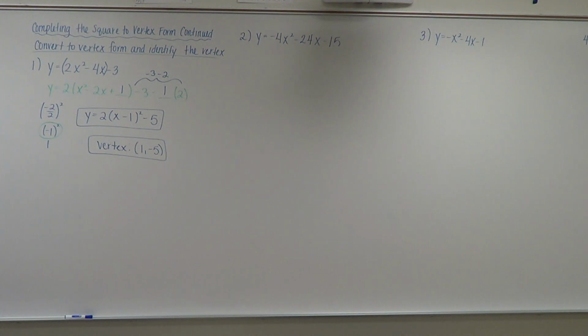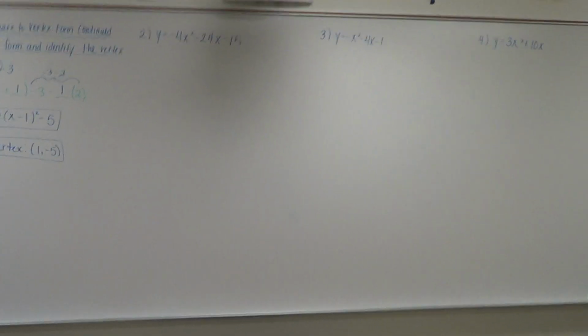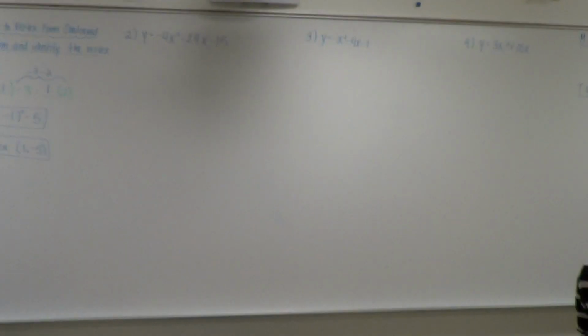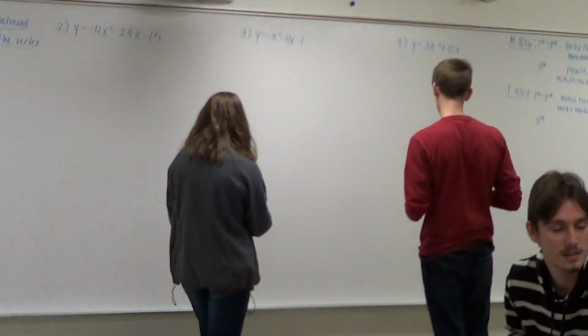Do you guys want to volunteer to do number 4 on the board? Because you have to factor out the a, just x squared. Before you go up there, are you okay being on video? You don't have to say anything. I just want to make sure you're okay with your bodies physically being up there.